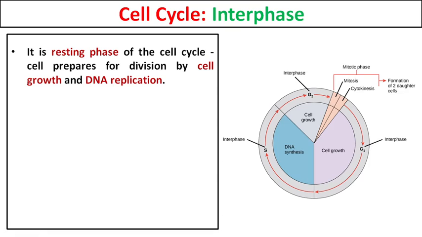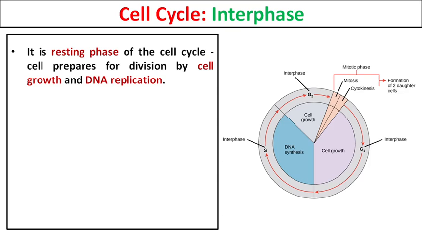Just think about it. If a cell has to divide and give all of its components equally into two daughter cells, then of course it has to grow in size. It has to grow big, it has to produce a lot of organelles, a lot of nutrients, a lot of DNA. So it has to grow before it can divide. Always remember this.